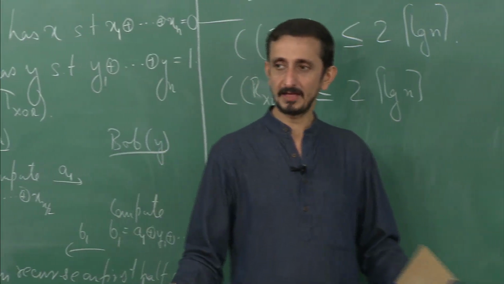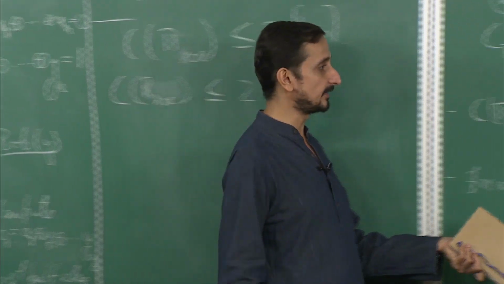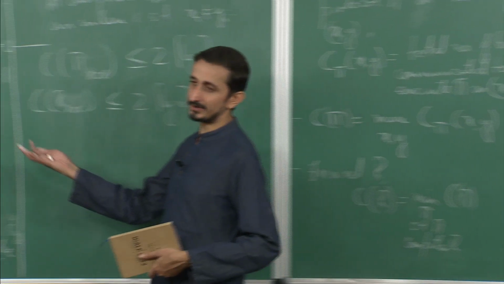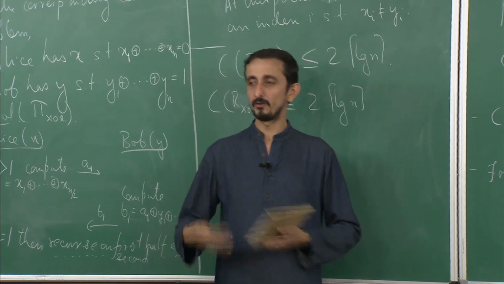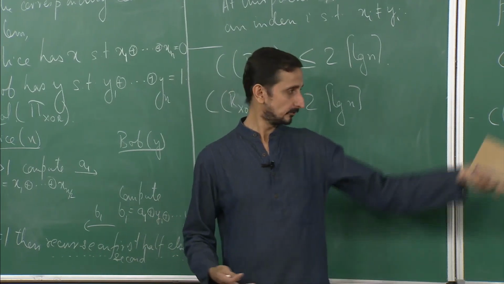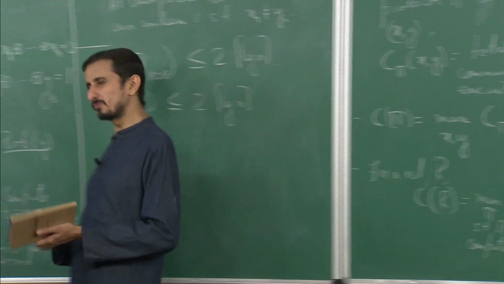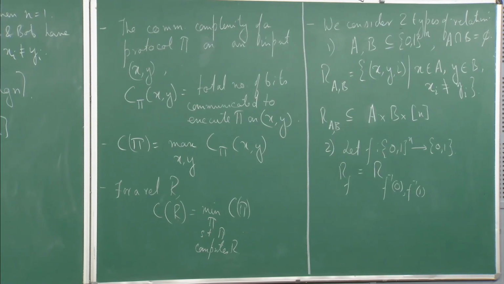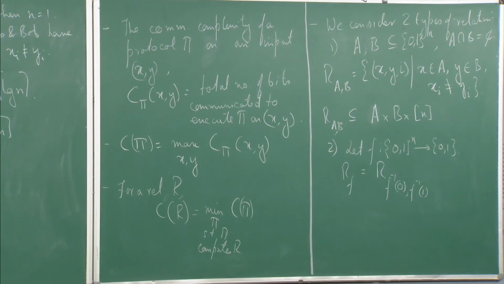To get to that, I have to define the relation, because communication complexity, the way we have defined it, is for a relation. So for a function, I have to define a relation. This is one way to do it; any other way is actually the same.